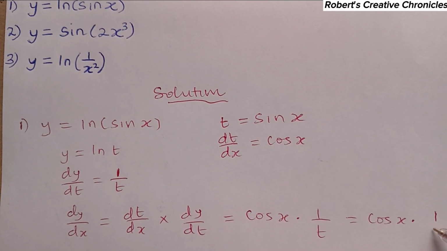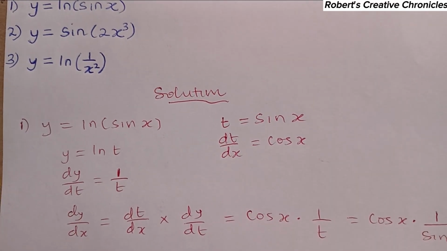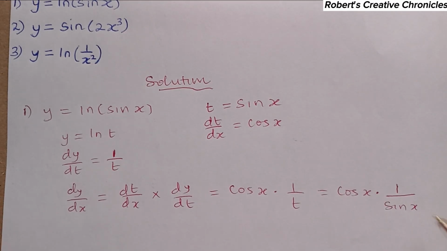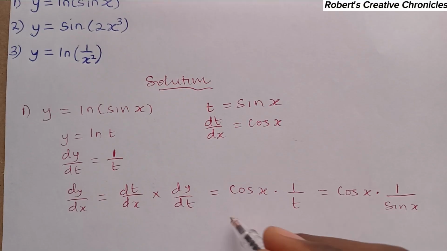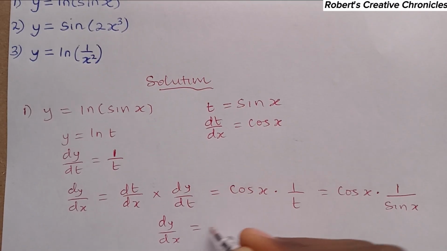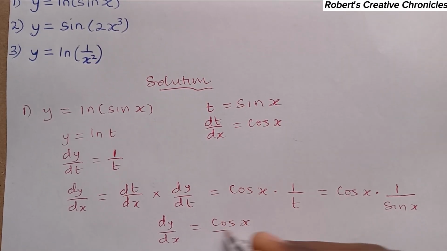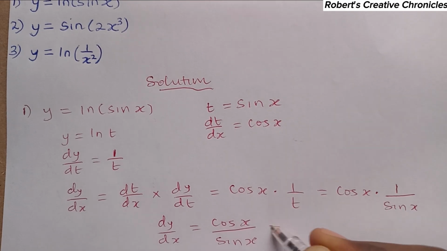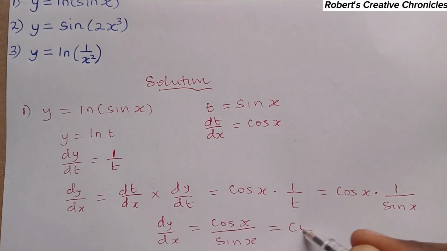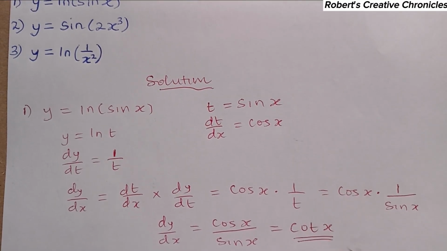That's 1 over sine x. So it becomes cos x over sine x. So dy over dx is equal to cos x over sine x, which is equal to what? Cos over sine is cot, that's the inverse of tan. Cot x. So this is the answer, cot x.